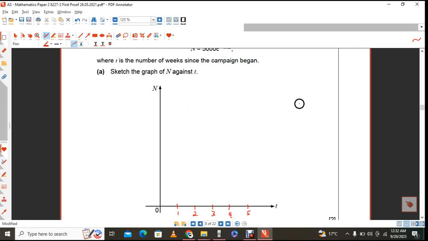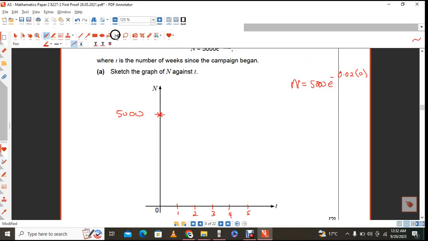Now, if you were to take the function n equals 5,000 e raised to the minus 0.02t, if you make t equal to 0, then it's going to definitely be at that particular point.